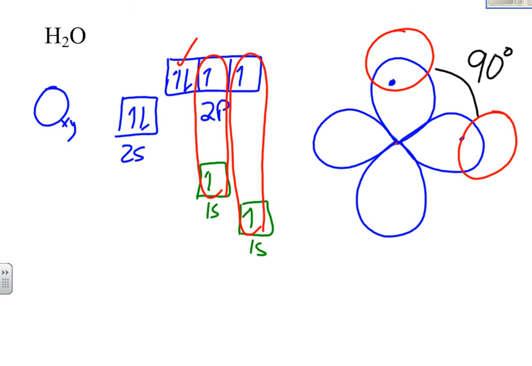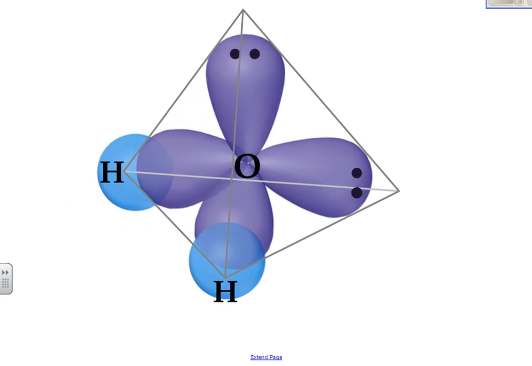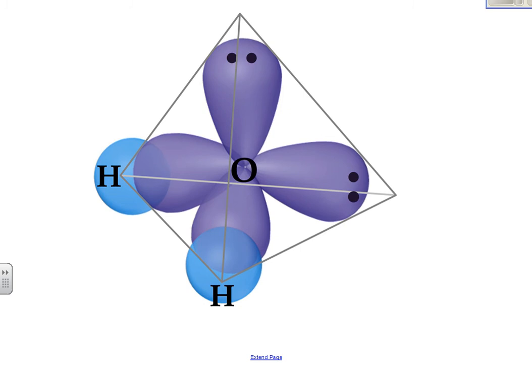And again, the shape that we get there is the same as this one, only what's different here is that two of the hybridized orbitals are now home to the lone pairs around the oxygen, and the half-filled orbitals are overlapping with the 1s orbitals on the hydrogen. And that's okay. This produces that bent shape that we're used to, with a bond angle that's much greater than 90 but a little bit less than 109.5.